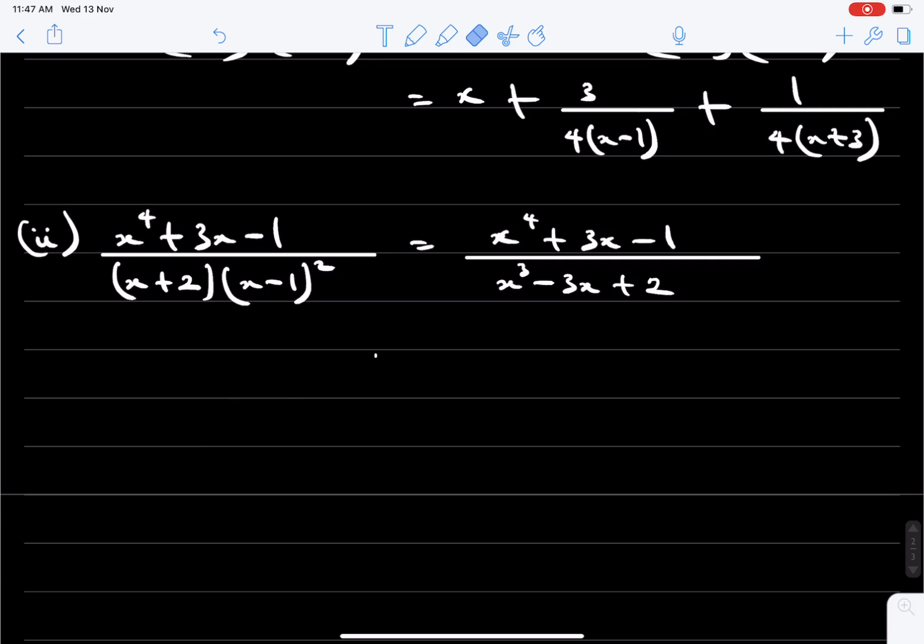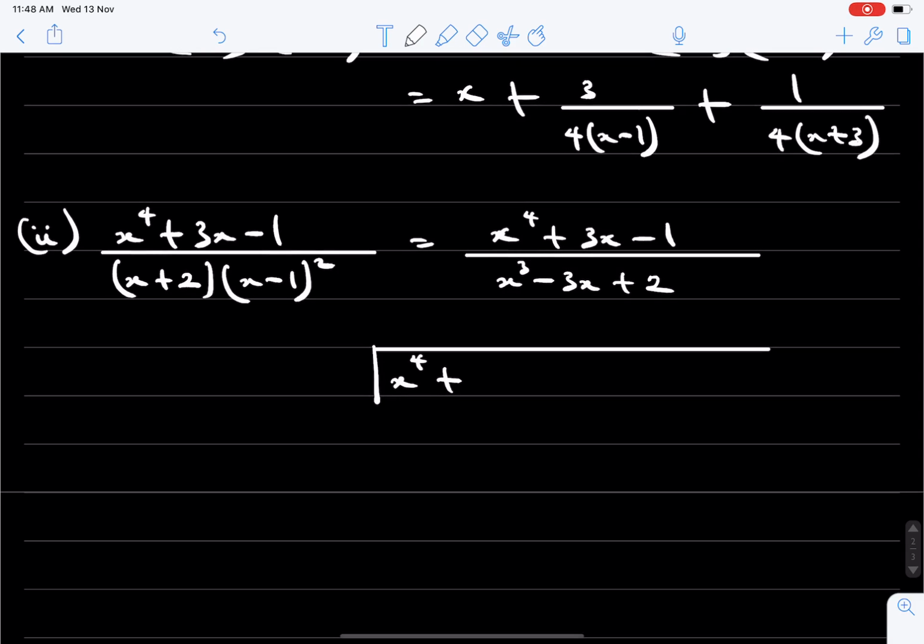So now I can divide the numerator by the denominator just to reduce the fraction to a proper fraction. That means x raised to the power 4. I want to write the terms that do not exist. So instead of leaving the space blank for the x cubed term, I'm going to write 0x cubed plus 0x squared.